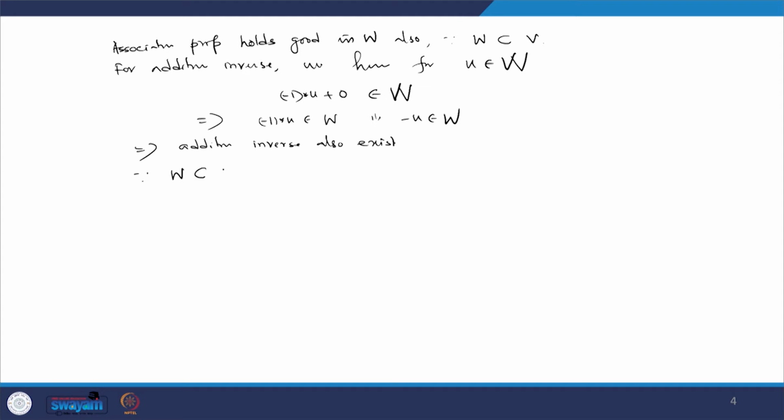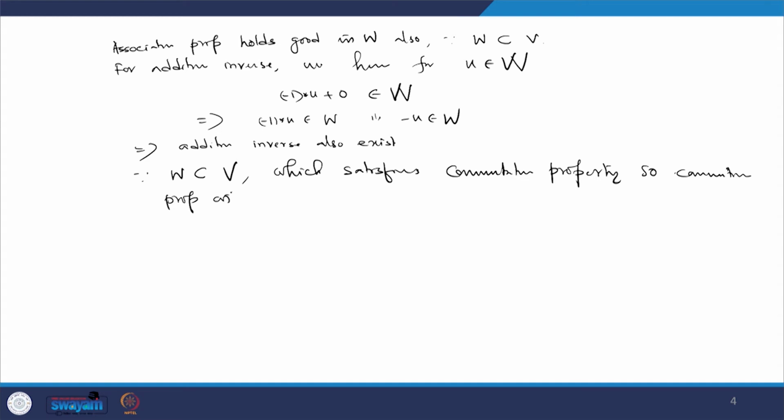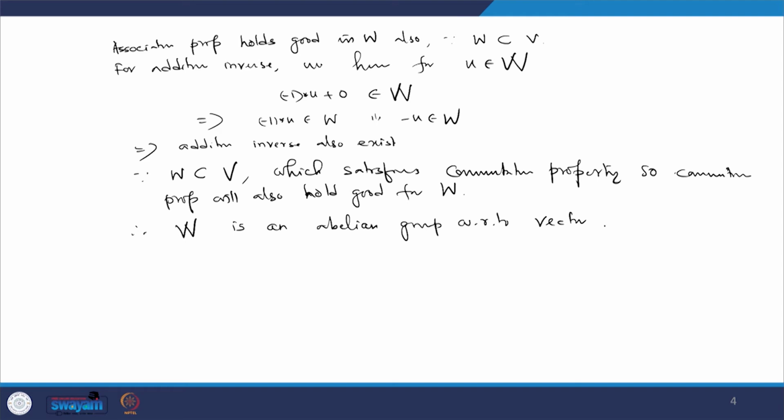Since W is a subset of V which satisfies the commutative property, the commutative property will also hold good for W. So W is an abelian group with respect to vector addition and is closed with respect to scalar multiplication.